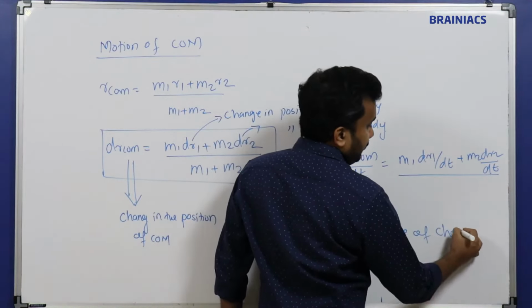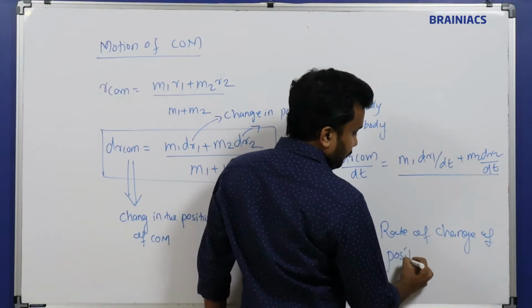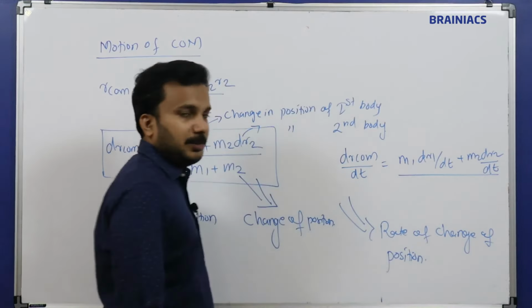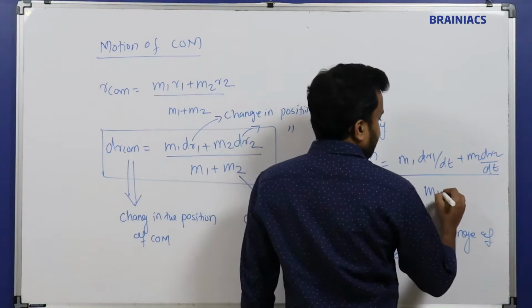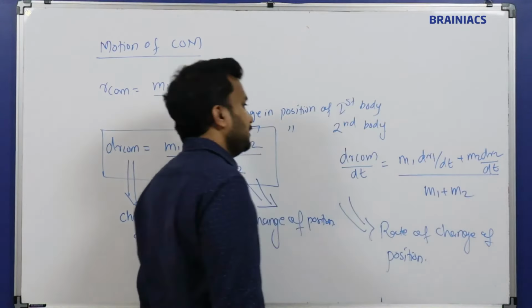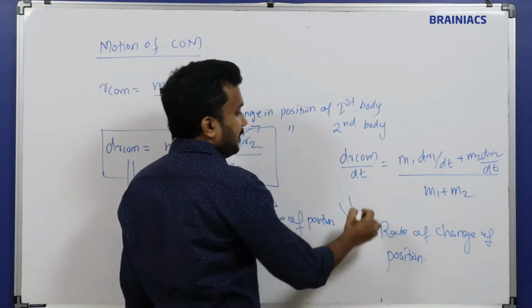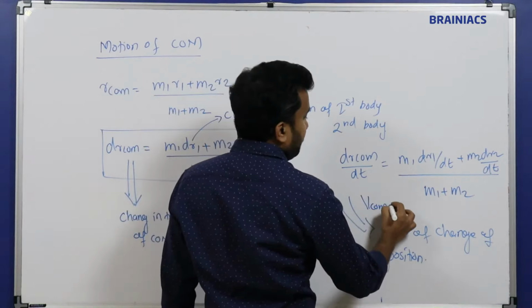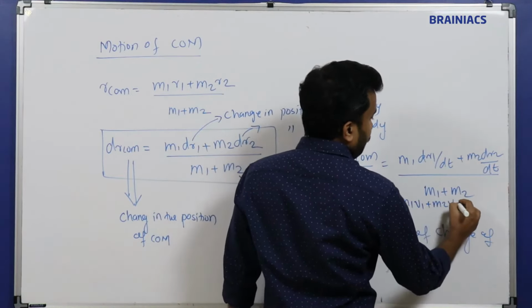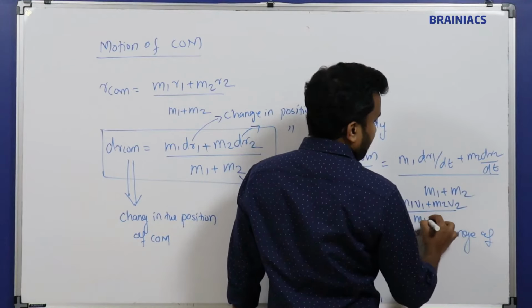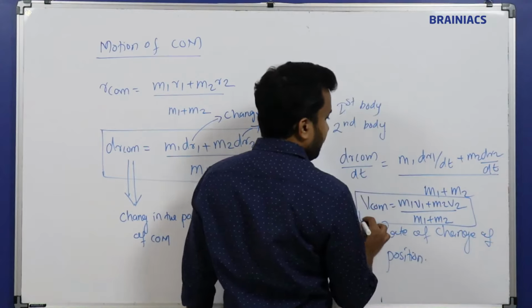Rate of change means, in physics, divide by time. So what is this drCOM by dt in practical terms? This is equal to the velocity of the center of mass: m1 v1 plus m2 v2, whole divided by m1 plus m2. This is the velocity of the center of mass formula.